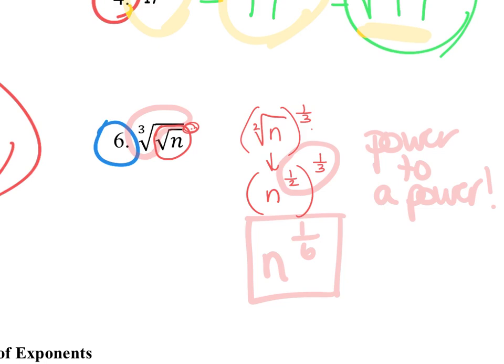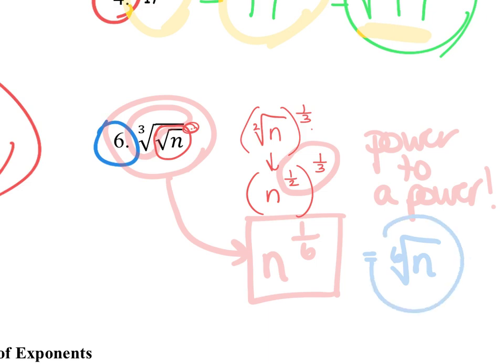So this right here is equivalent to that. It's also equivalent to the 6th root of n. All 3 of those represent the same value. We were going, though, from radical form to exponent form, so this right here would be our final answer, n to the 1/6 power.